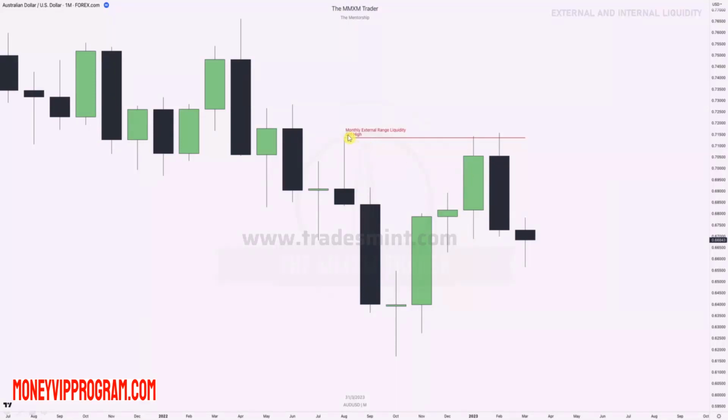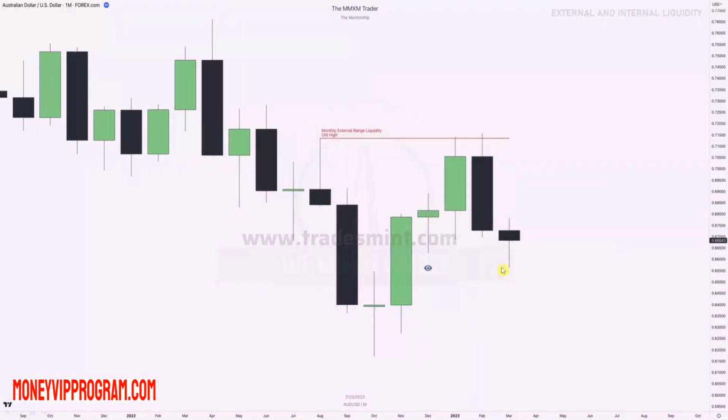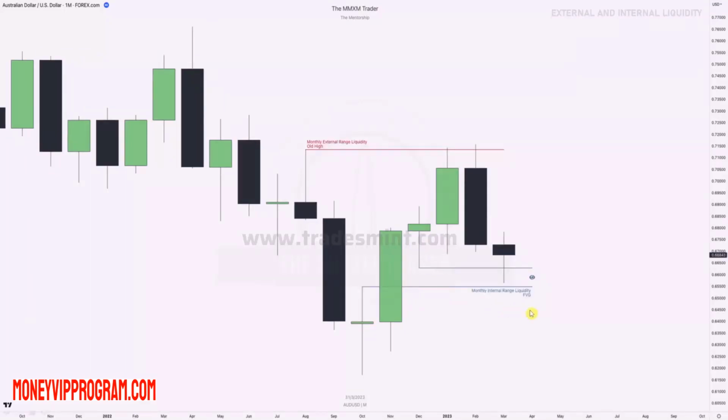So after external gets raided, where do we want to reach into? We can see this imbalance down here, which is a fair value gap. So if you looked at this area after we got this external range liquidity raided, you're on the right path. And we can see this monthly internal range liquidity in the form of a fair value gap gets stacked. Now, what happens afterwards?